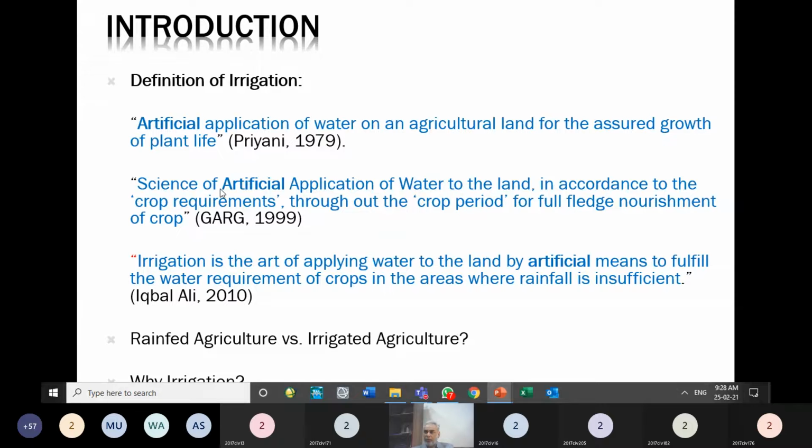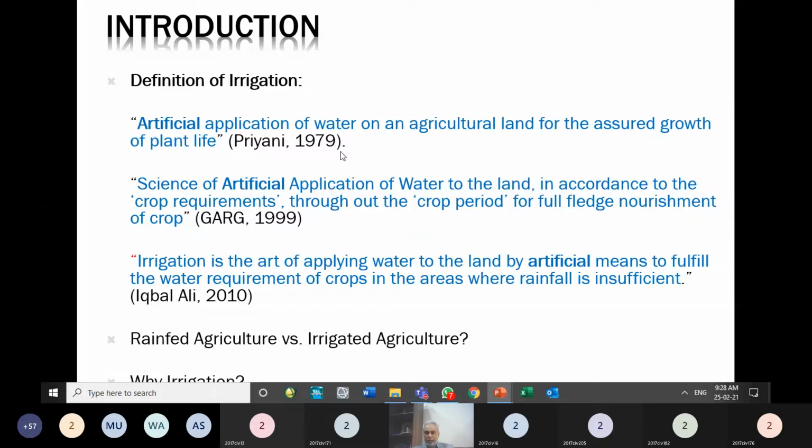If I apply water without consideration of the crop requirement, like sometimes if we overflood it, then he thinks that this is not irrigation. If we provide water more than the requirement, or provide less when the requirement is there, then according to this definition that will not be irrigation. I will say that the first definition is sufficient: artificial application of water for assured growth of plant life is irrigation.